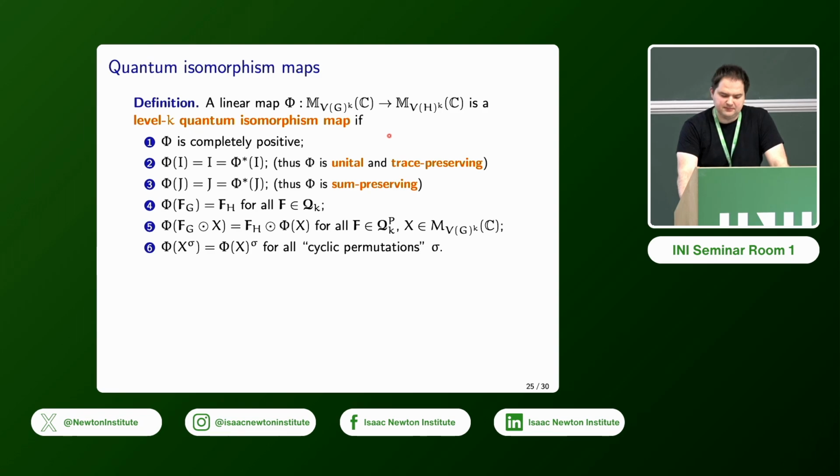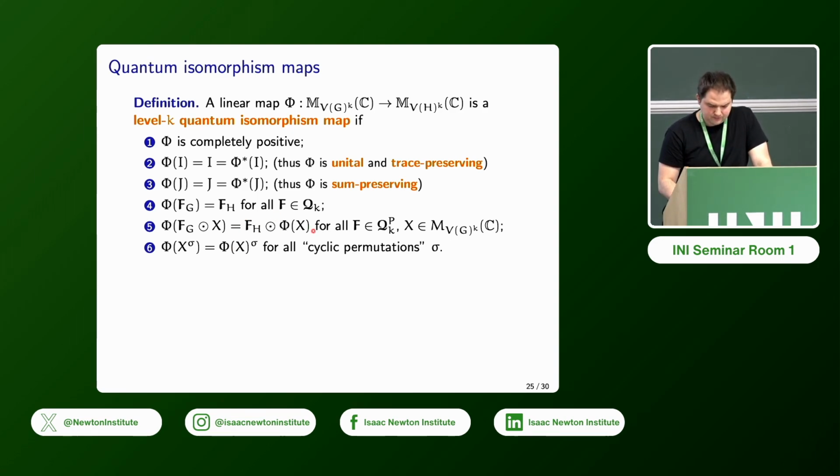So it has to be completely positive, unital, trace preserving, sum preserving, and then it has to respect those operations that we had.